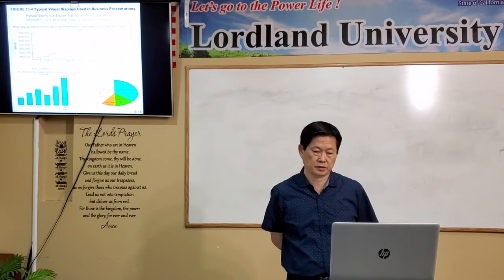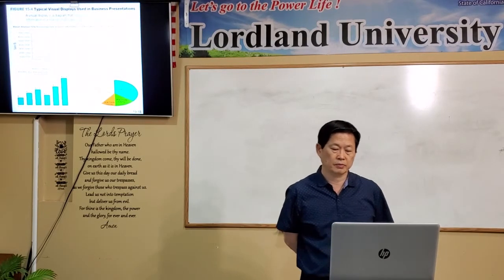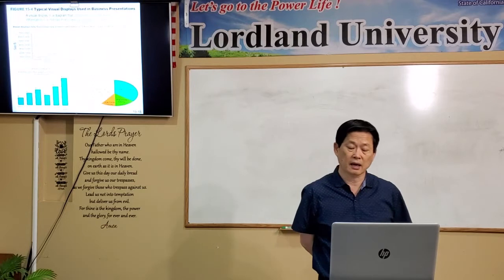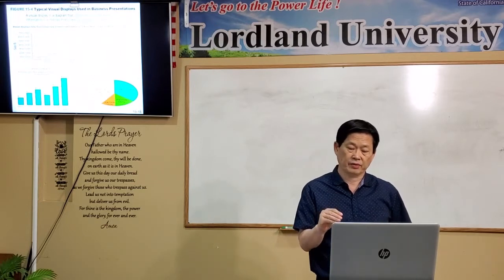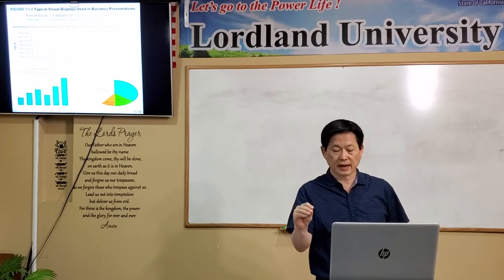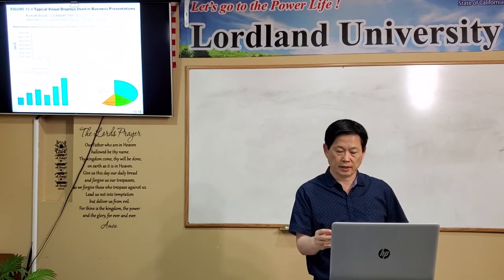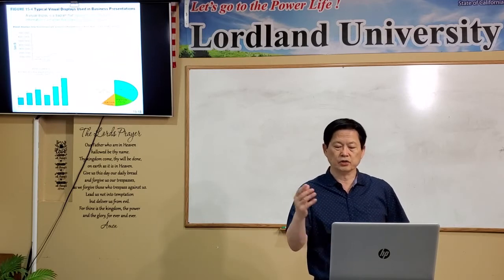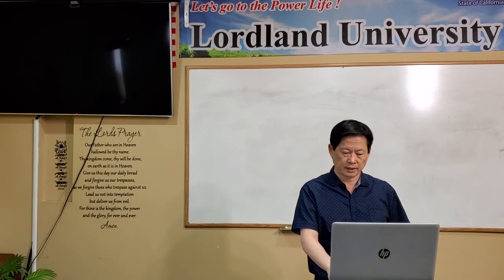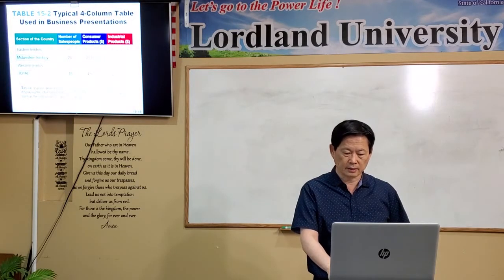Several visual display types are the graph, the bar chart, the pie chart, and the 4-column table.